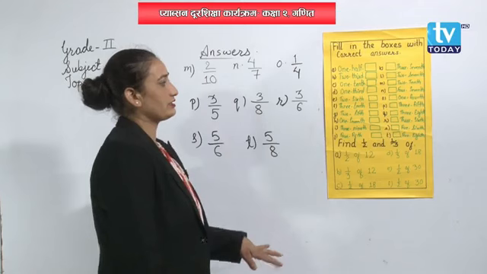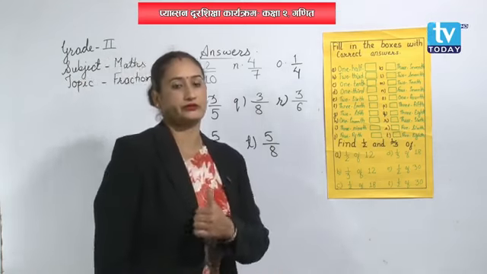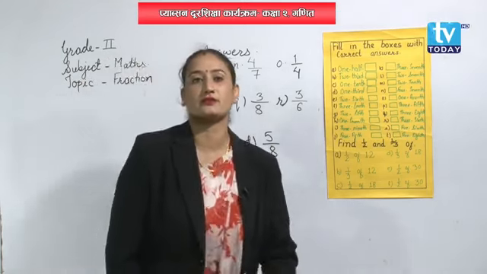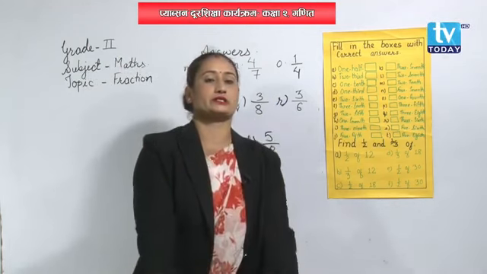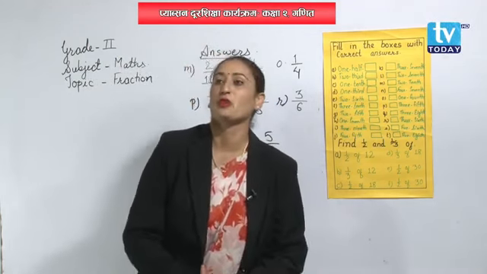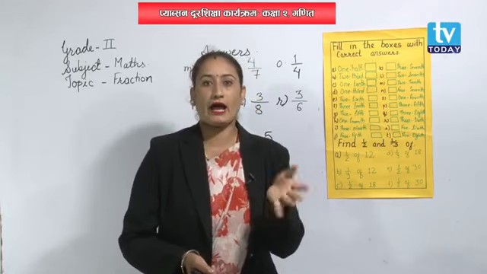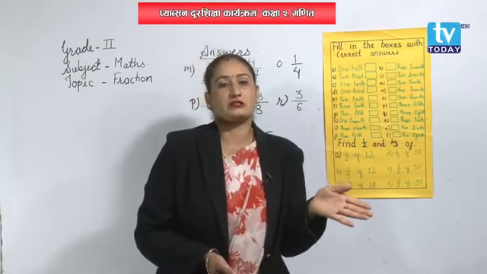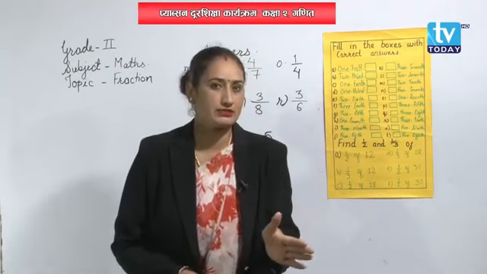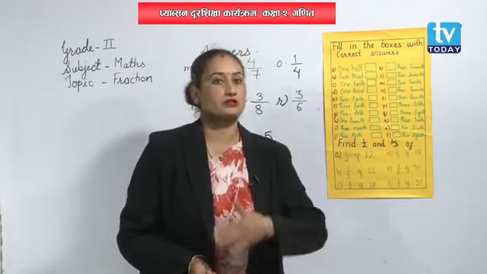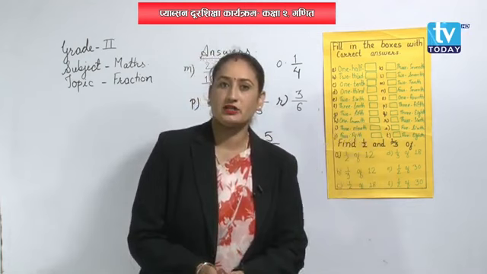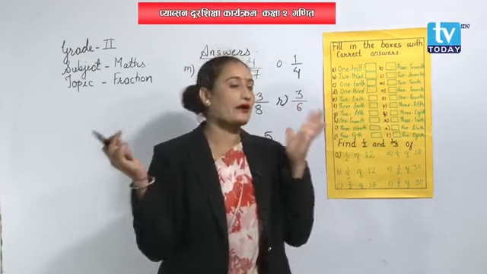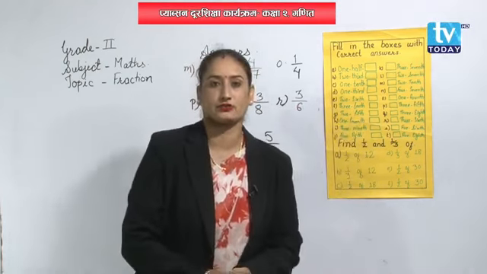If you have written this one, then good. If you can solve it by yourself, that will be much better than before. Okay, students. So, we have done the reverse, right? How to write the fractions, words into numbers and numbers into words. We have done lots of practice on it, right?